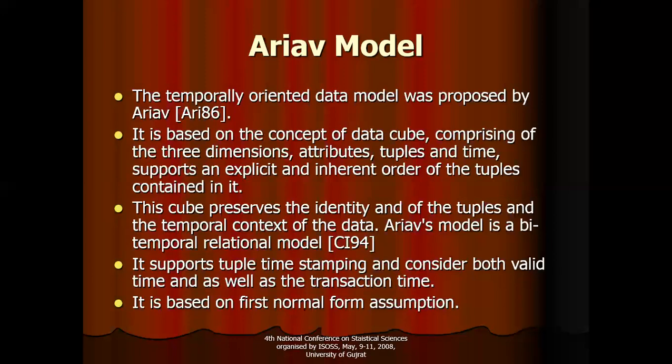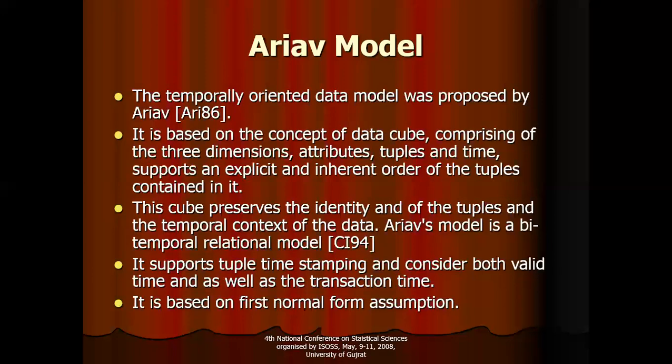The cube preserves the identity of the tuples and the temporal context of the data. How will that cube be represented? That cube preserves the identity of the tuple. What is the identity of the tuple? It means that the fact changes with the passage of time.